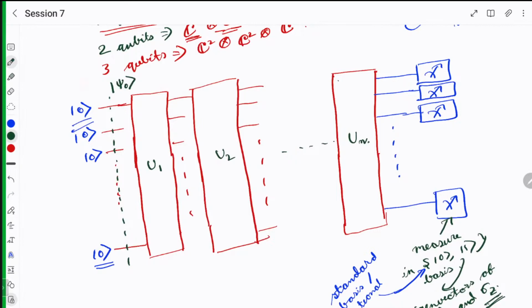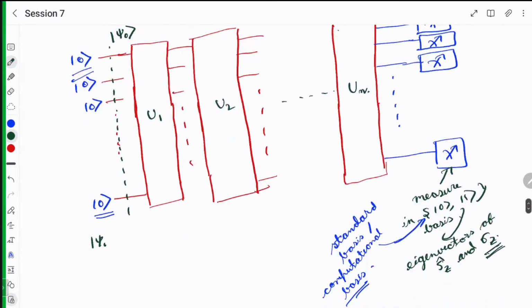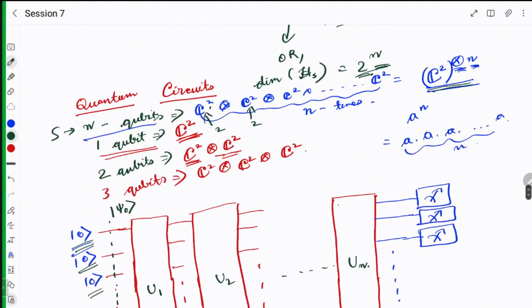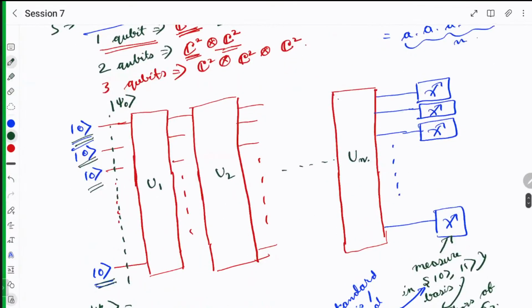Can anybody tell me what ket psi 0 will be if all the qubits are in 0 states? Individually they are in the ket 0 state. So if I write the state of the composite system, which will be a vector in this C2 tensor power n space.